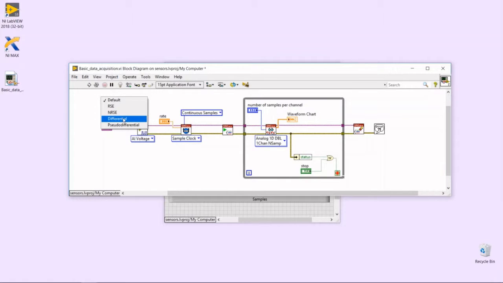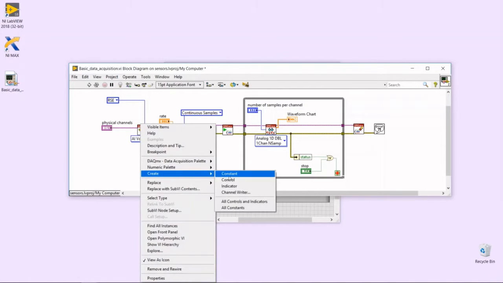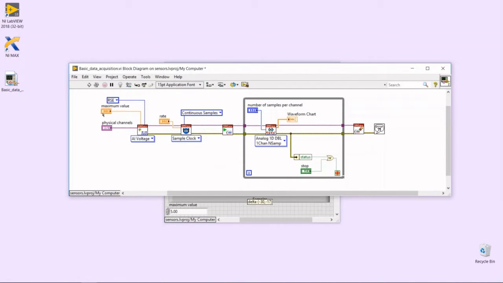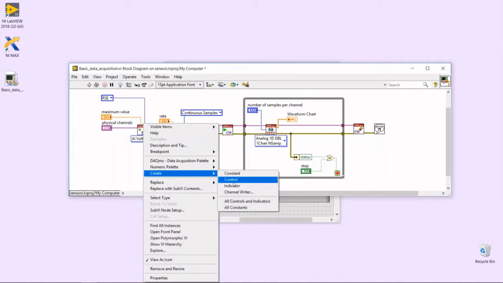Differential means that we are measuring the difference between two signals that are connected to the plus and minus sign of our analog input. Because we want to measure RSE, that is relative to the ground, we are going to select that option. For maximum value, we are also going to set a control, so we can change that on our front panel. And for minimum value, we are going to set a control also.